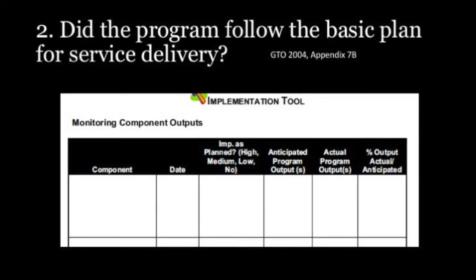And for each component that has an output, you should write the output that you obtained and the output that you wanted to obtain when you were planning the program, and get a ratio of what you did over what you intended to do. Of course, if the ratio is greater than 1, you're doing better than you planned. If it's under 1, then you are underperforming your plan. That is just an example of how they did it.